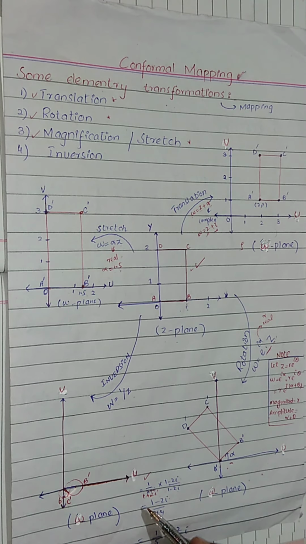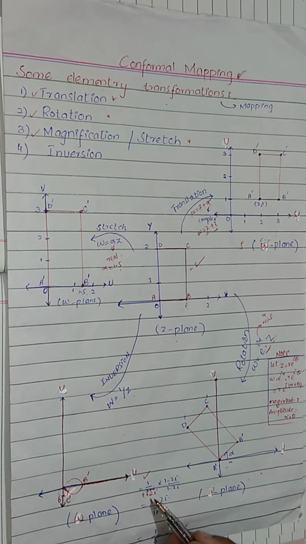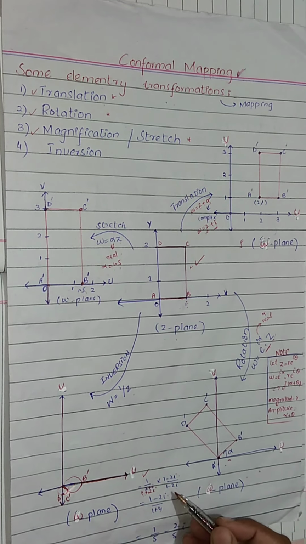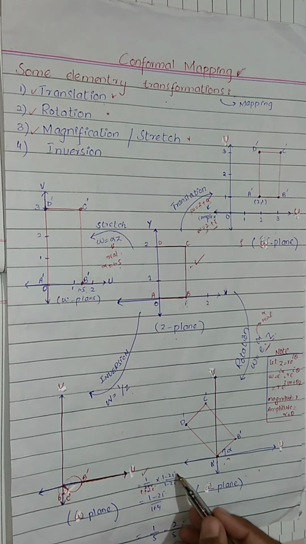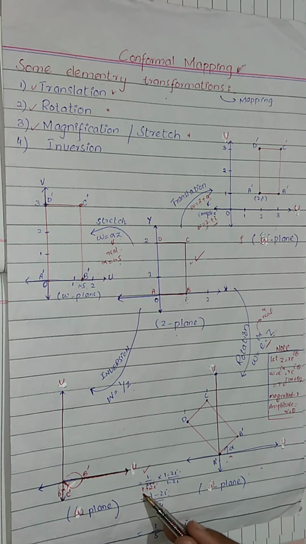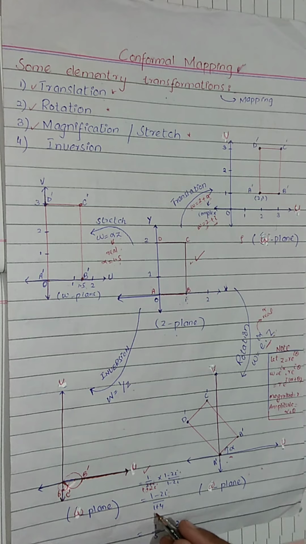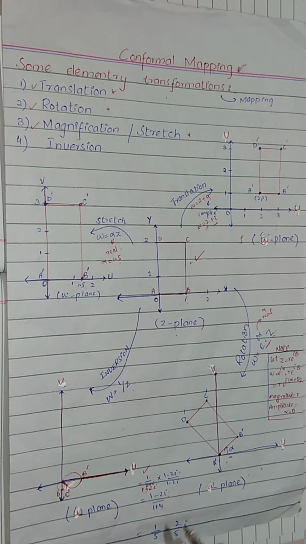We have an example, 1 over 1 plus 2 iota. In complex numbers, we multiply and divide by the conjugate, 1 minus 2 iota over 1 minus 2 iota. 1 plus 2 iota into 1 minus 2 iota will become 1 plus 4. When we separate the real and imaginary parts, it becomes 1 over 5 minus 2 over 5 iota.